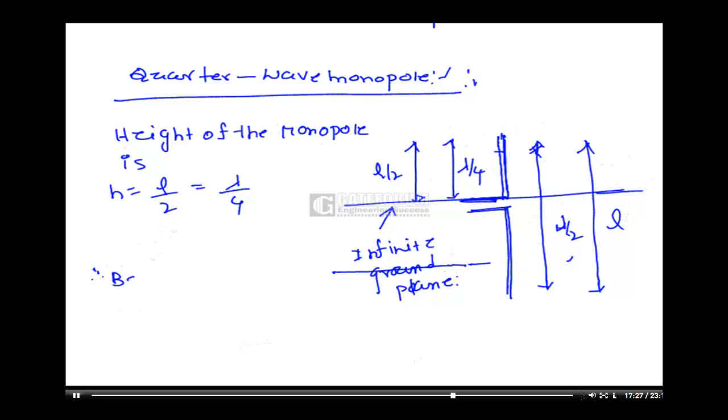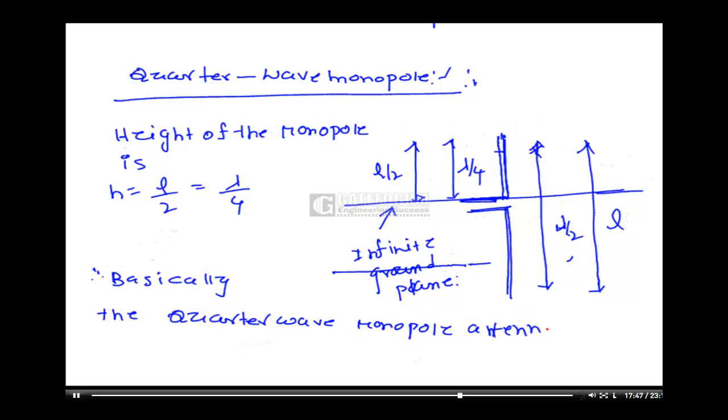Therefore, the quarter wave monopole antenna basically consists of one half of a half wave dipole.